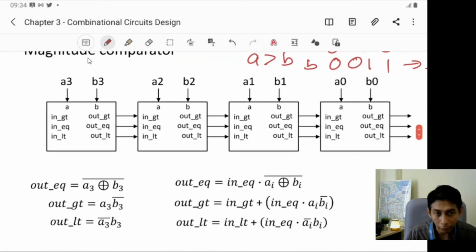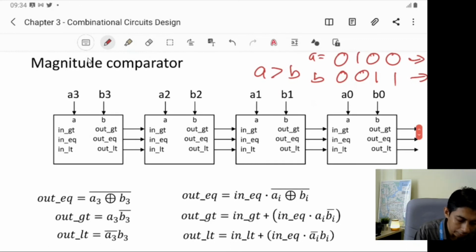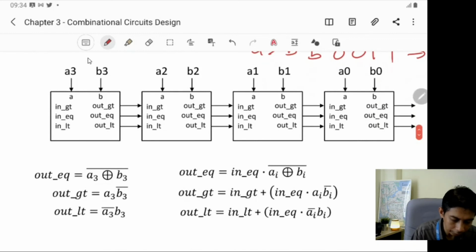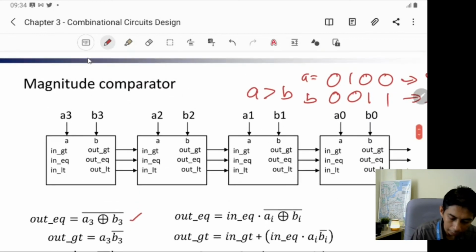Now we need to compare one by one again. So, in this case, A and B. So, we compare using this equation. Now, you have this 0, 0.